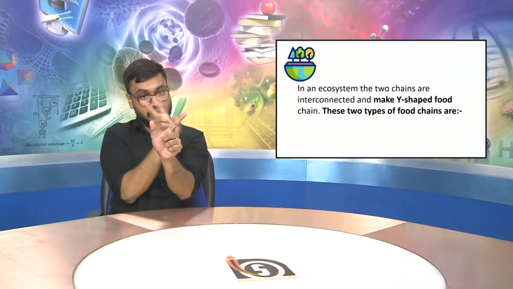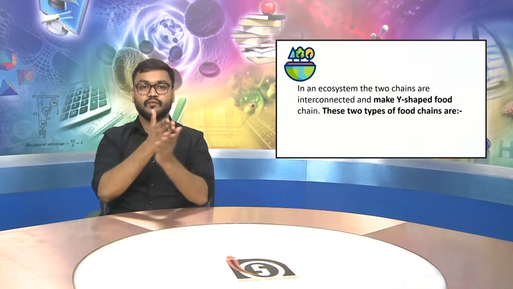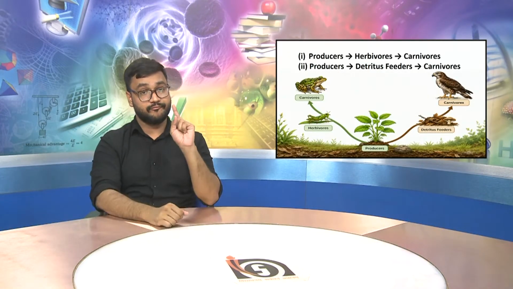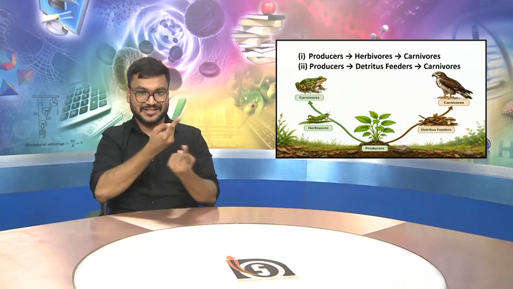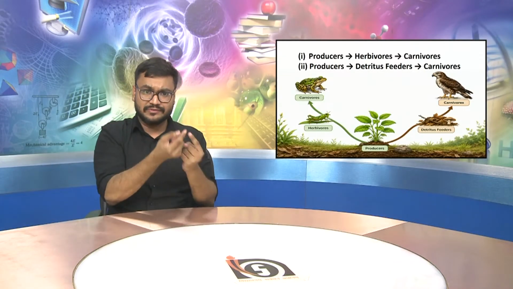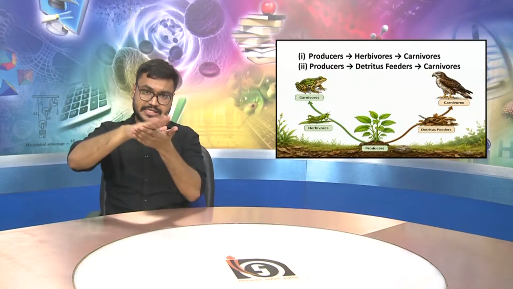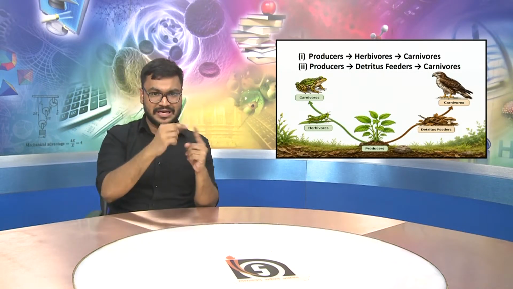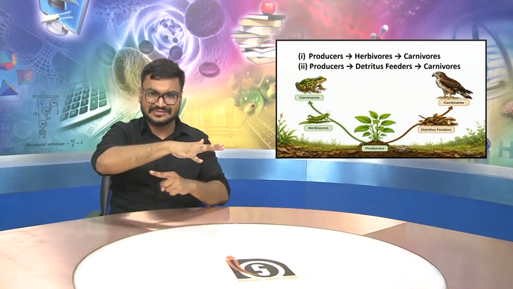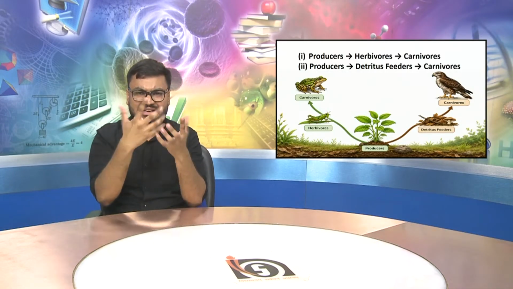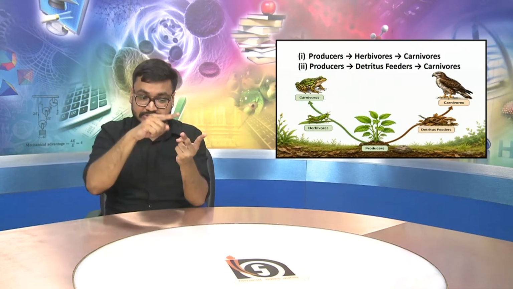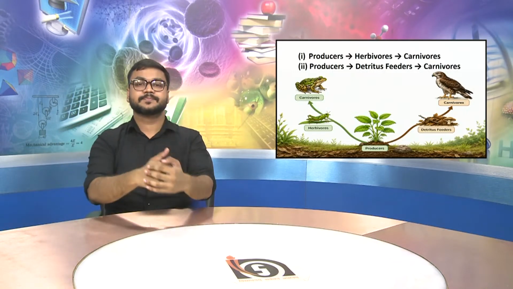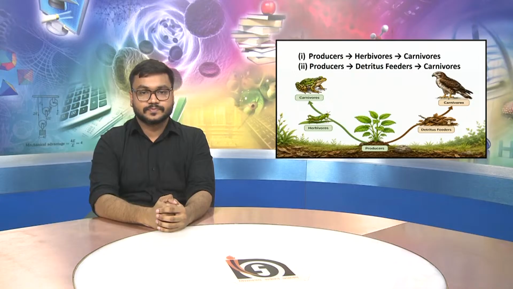These two types of food chains are: first, which includes herbivorous and carnivorous, and second, which includes detritus feeders and carnivores, and they both start from the producers, which are green plants.